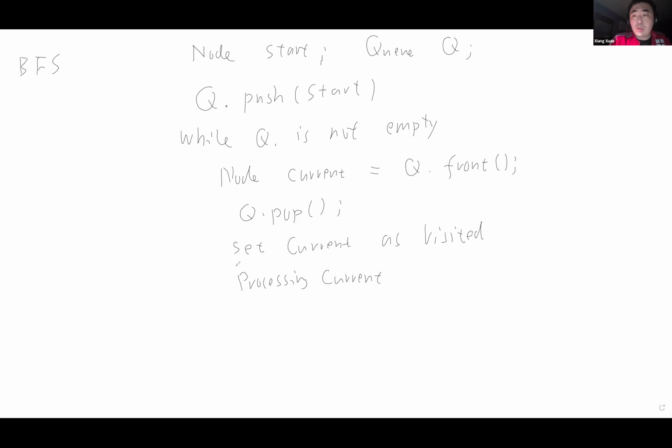Then after you process the current, for every neighbor of current, if the neighbor is not visited, then you just push the neighbor into the queue.